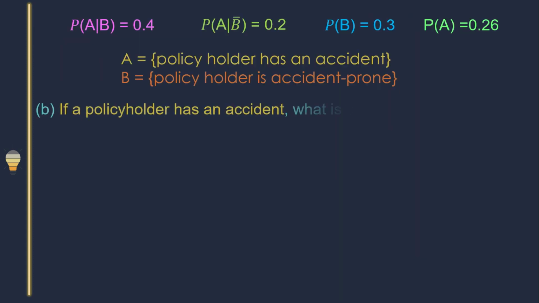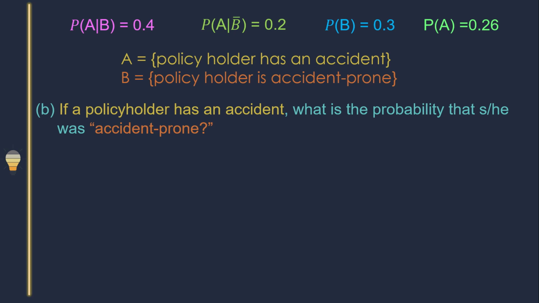Now go to the second part, part B. If a policyholder has an accident, what is the probability that he was accident prone? So write this down using events A and B. Here they are asking what is the probability that she or he was accident prone.